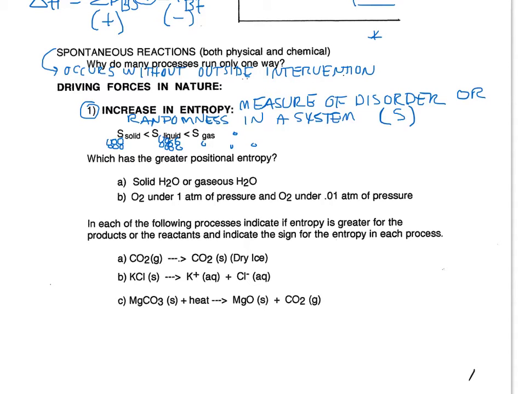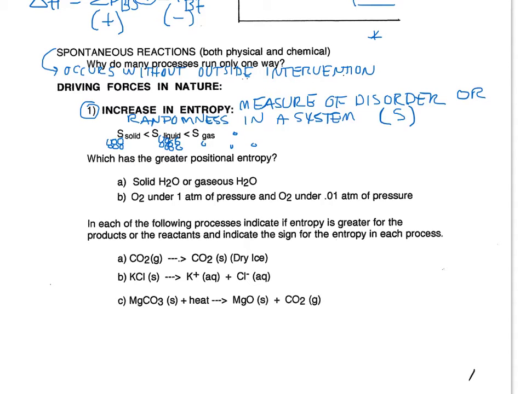I'll give you a couple examples of something that we consider to be spontaneous. For example, a ball. A ball will roll down a hill, but it will not roll up a hill, at least not spontaneously. We would have to apply some outside intervention in order to get it to roll up the hill. An ice cube. If I set an ice cube out on the counter here, it will spontaneously melt.